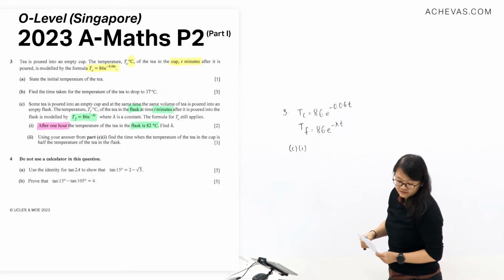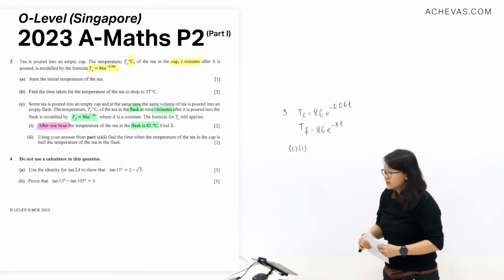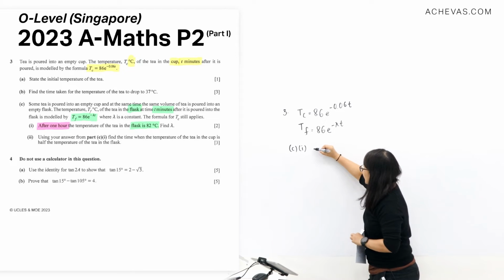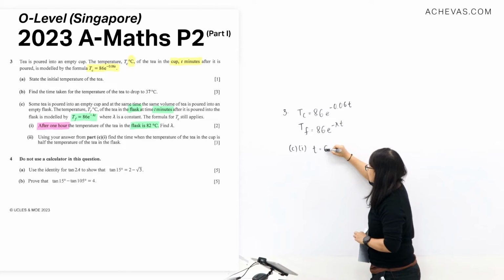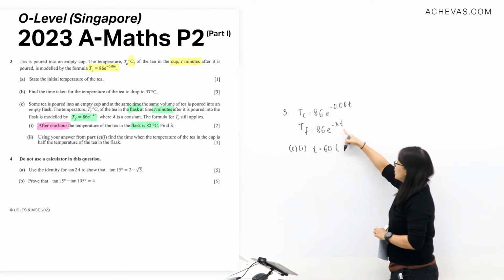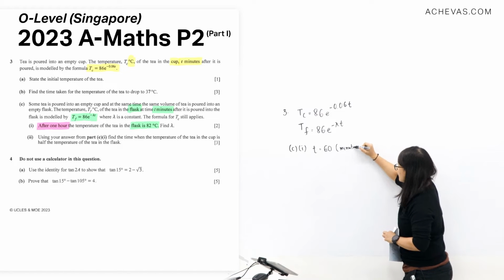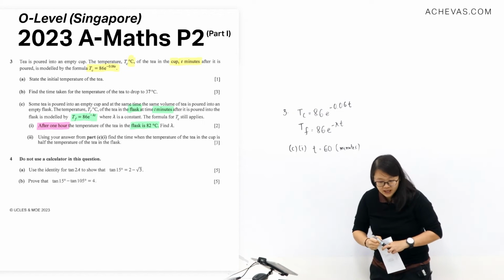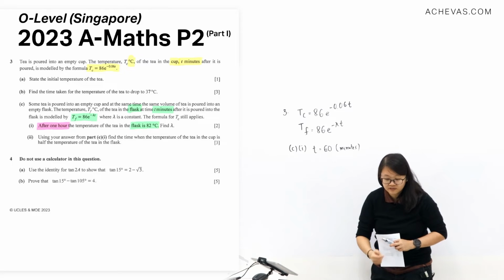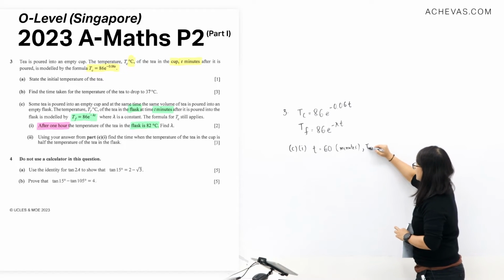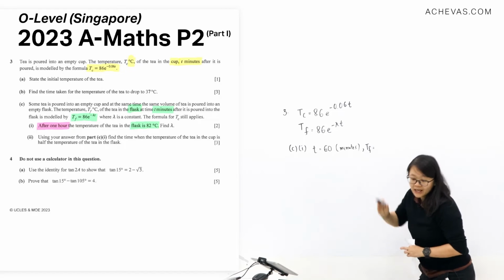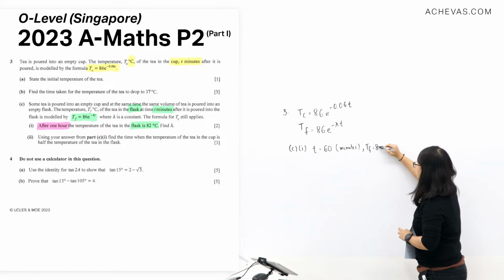Part 1, after 1 hour. So you need to be very careful over here. I cannot set t equals 1. I need to set t equals 60 because the small letter t here is measured in minutes. After 1 hour, the temperature of the tea in the flask, so I'm setting Tf equals 82 degrees Celsius.